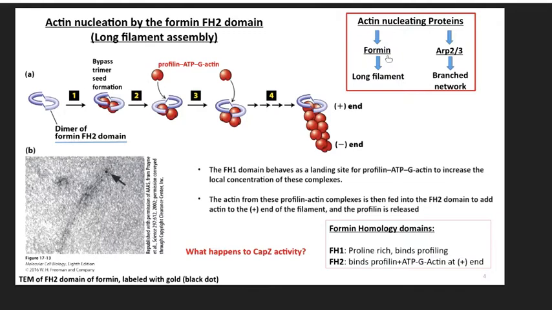FH means formin homology domain. So formin protein helps in the synthesis of long filaments, and ARP2/3 helps in the synthesis of a branched network. FH1 is proline rich and binds profilin, not profilin but profilin-ATP-G-actin, and FH2 binds profilin plus ATP-G-actin at the plus end.